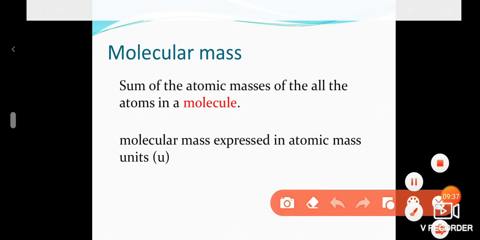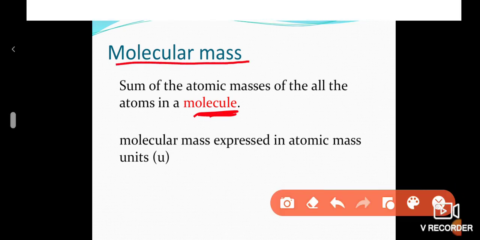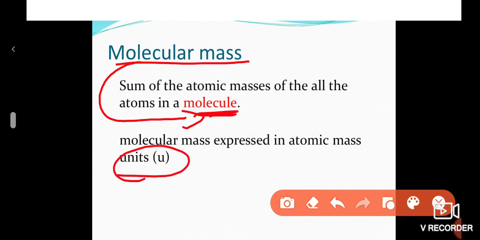The molecular mass is used to find the mass of a molecule. It is expressed by the unit U.